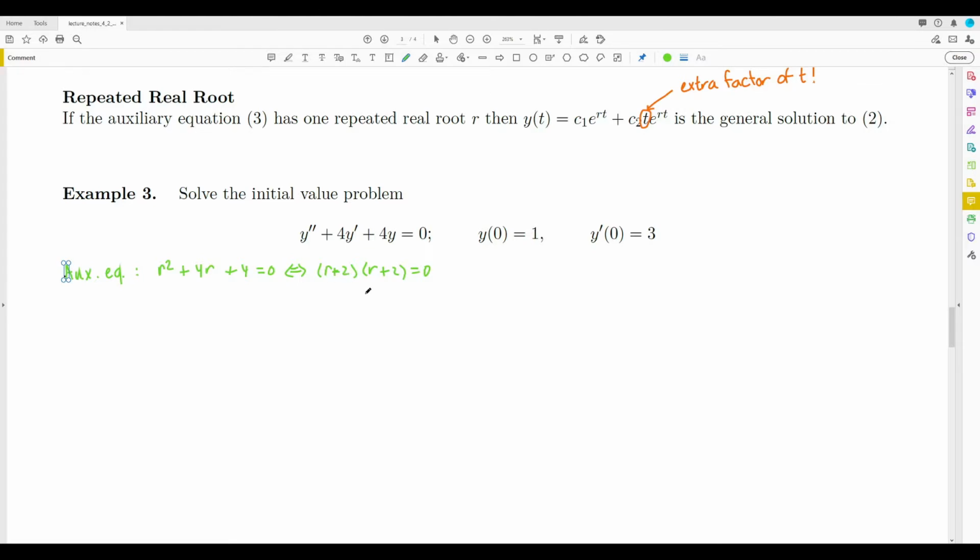It shows up twice. And so we only have one root here, namely r equals -2, but it's a root with multiplicity 2. Or stated otherwise, this is a repeated root.